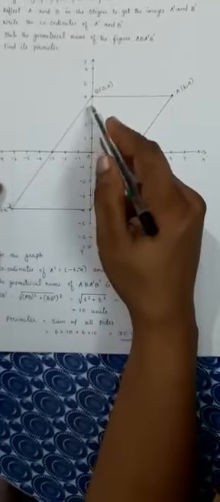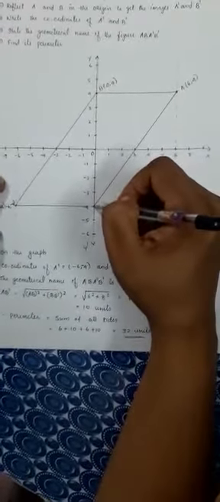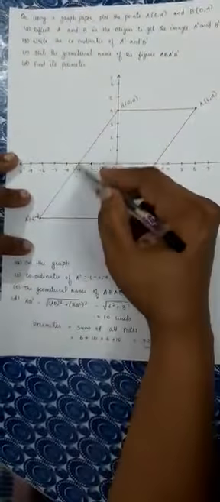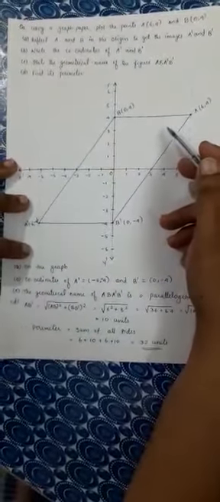That is equal to 6 square plus, this is 4 plus 4, 8, 6 square plus 8 square, that is square root of 36 plus 64, that is equal to square root of 100, that is 10 unit. Therefore, perimeter is equal to 6 plus 10 plus 6 plus 10, that is equal to 32 units.